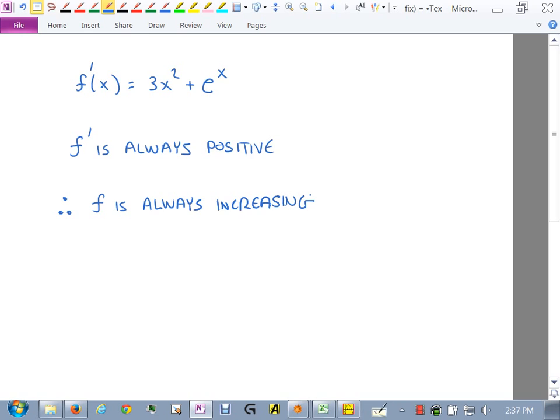So it would be impossible to come back down to the x-axis. Impossible. So it is impossible for f to turn back to the x-axis.